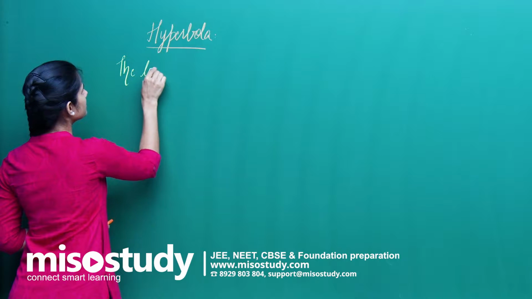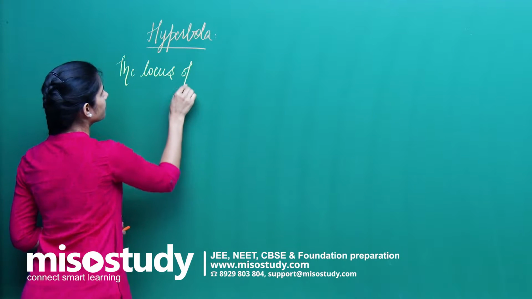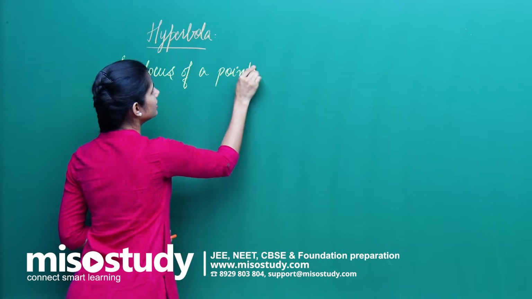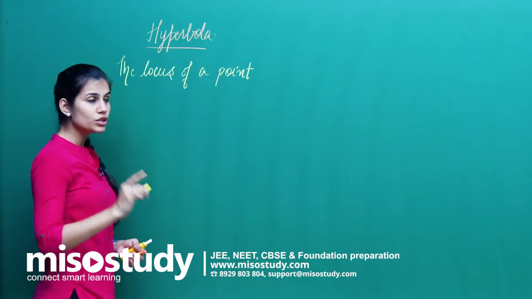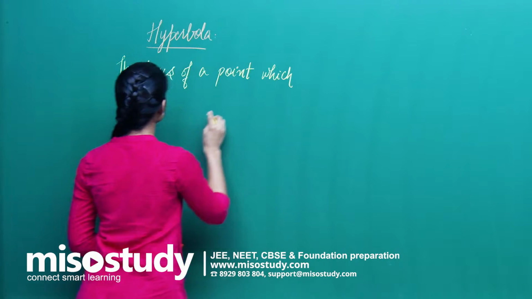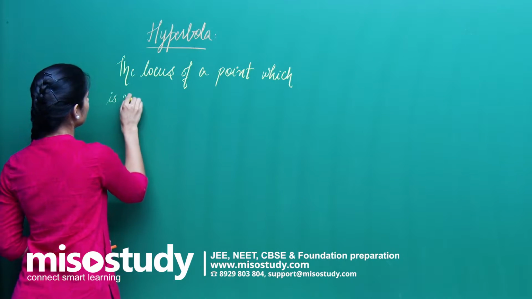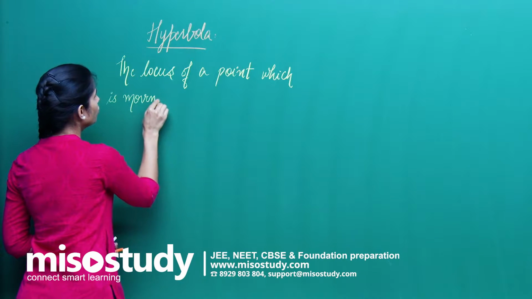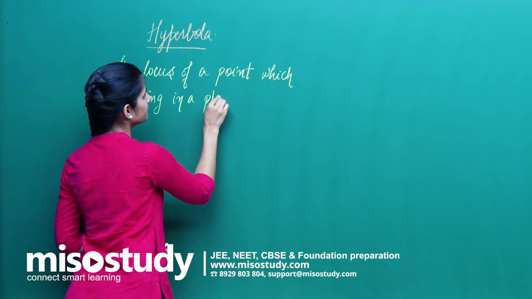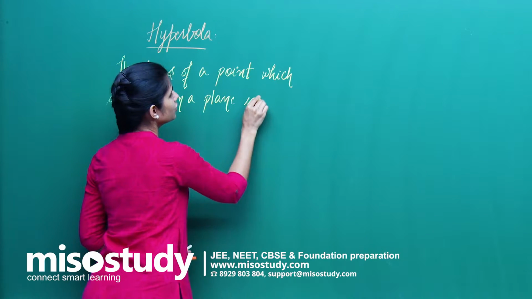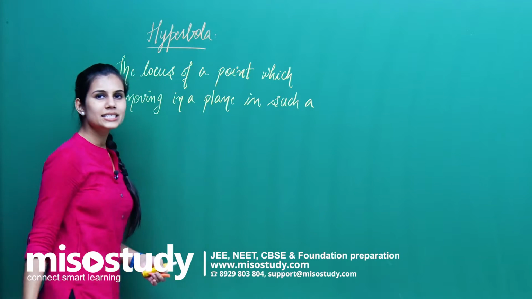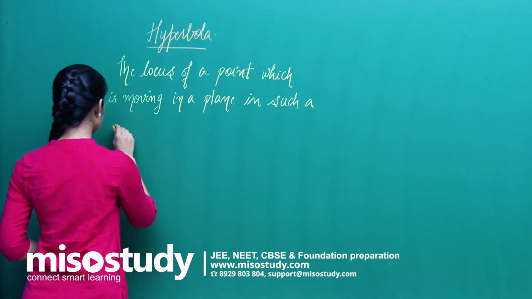It said that hyperbola is nothing but the locus of a point which is moving in a plane in such a way, so its movement is governed by a certain condition.